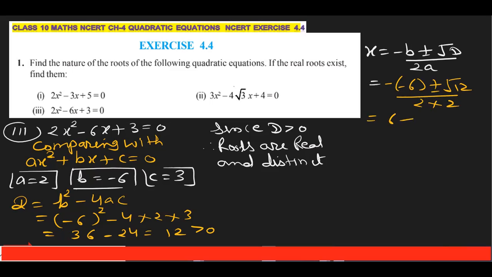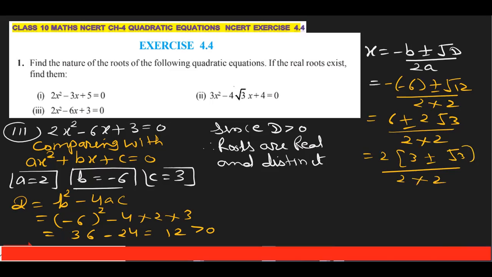So that is 6 plus minus 2 root 3 upon 2 into 2. You can take 2 common. So 3 plus minus root 3 upon 2 into 2. This 2 and this 2 cancel. So that is 3 plus minus root 3 by 2.